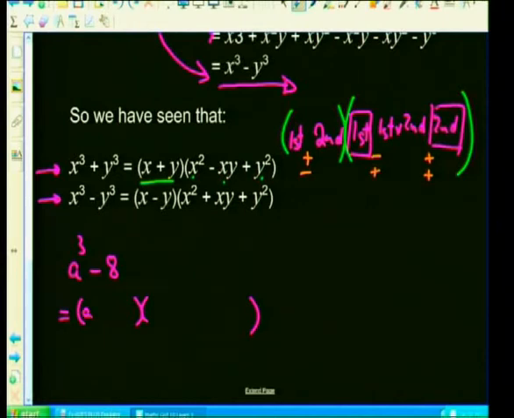First would be a, second would be 2. First squared, so a squared. First times second, second squared. And all I've got to do now is put in my signs. Because it's negative, it goes negative, positive, positive. And that gives us our factors of a difference of 2 cubes.